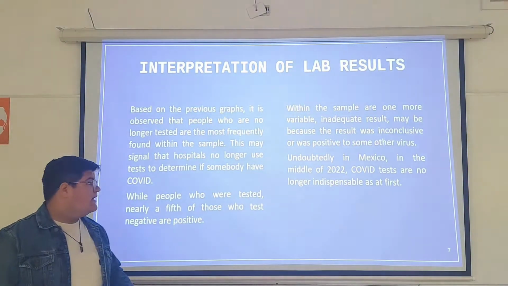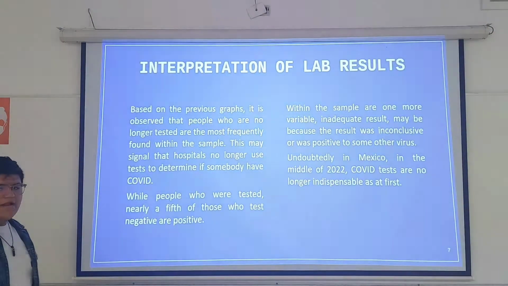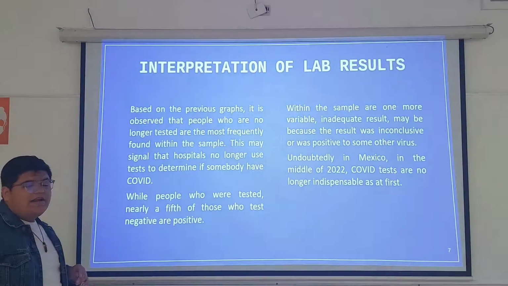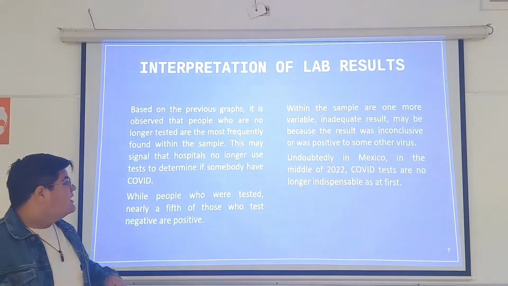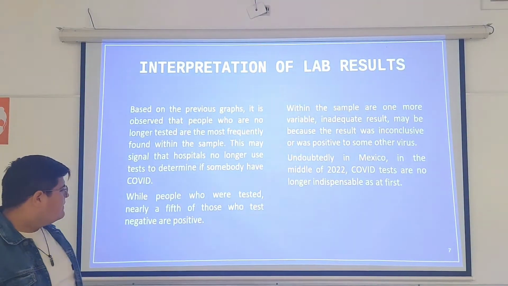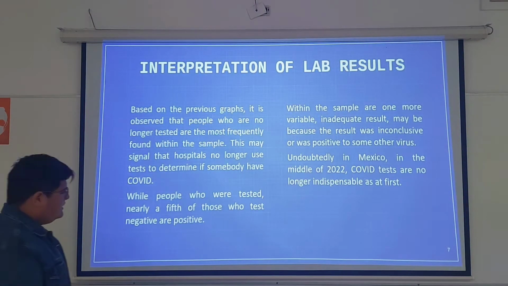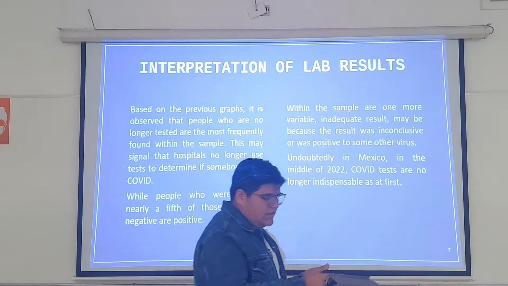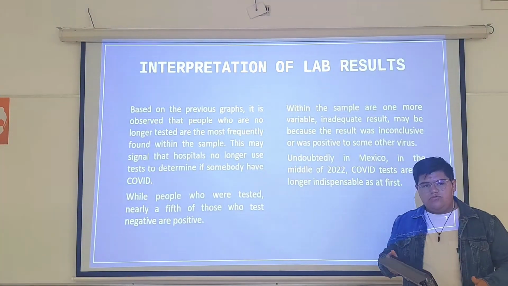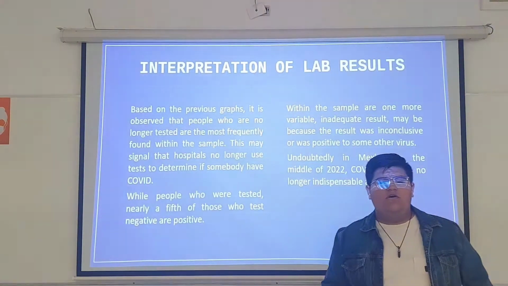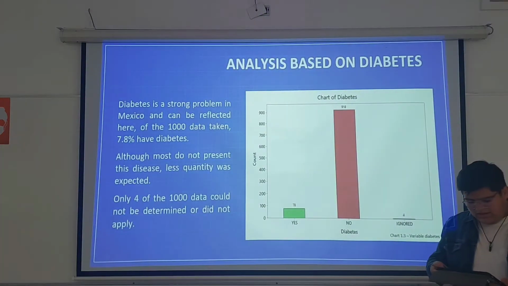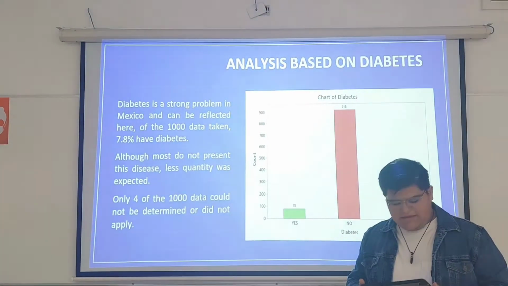And within the sample there is one more variable, that is inadequate result, maybe because the results are inconclusive, or maybe because it's positive for some other reason. Okay? Undoubtedly in Mexico, in the middle of 2022, COVID tests are not indispensable as they were at the start of the pandemic.